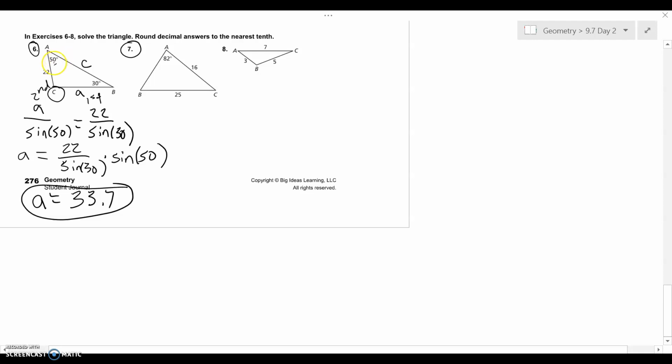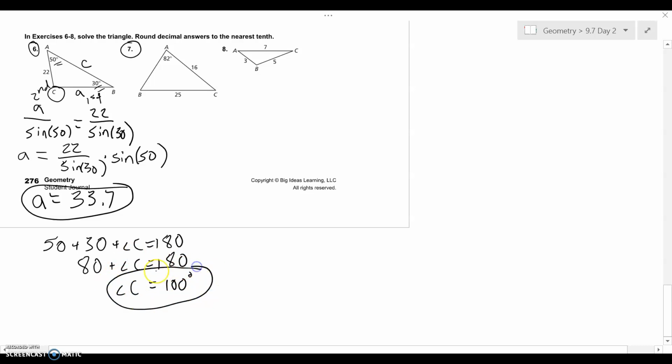So I've got a 50, I've got a 30, and together those make 80, which means there's only 100 degrees left over. I'll write out what I did there: 50 plus 30, and then I've got to add angle C to get 180 degrees. So 50 and 30 are 80, plus angle C is 180, and subtract the 80 from both sides, then C would have to be 100 degrees. So there's my angle C.